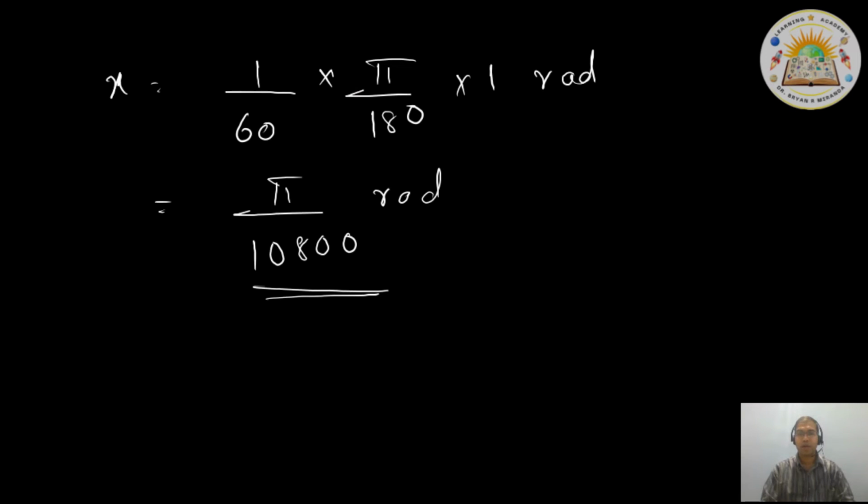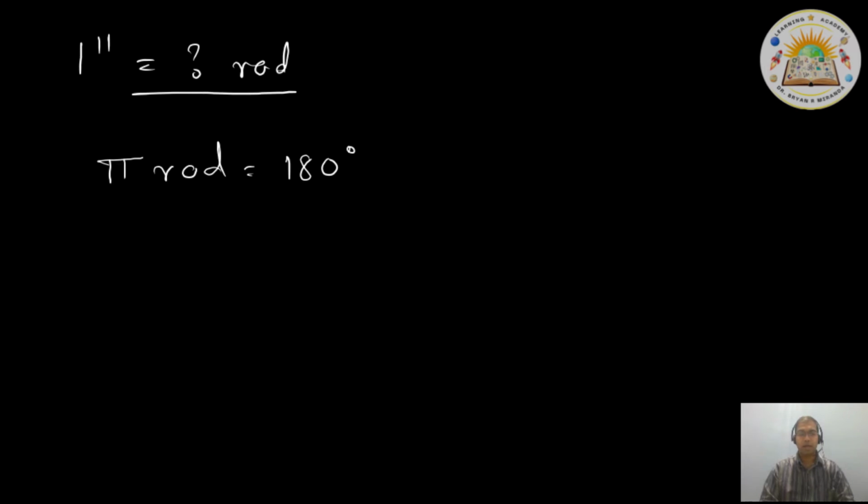Now similarly, let us look at the next part. Let us look at 1 arc second. How many radians is 1 arc second? Now we will go back again. Pi radian is equal to 180 degrees, 1 degree is equal to 60 minutes, and 1 minute is equal to 60 seconds. So we have to calculate how much is 1 second.